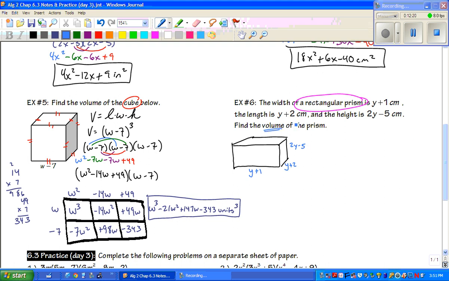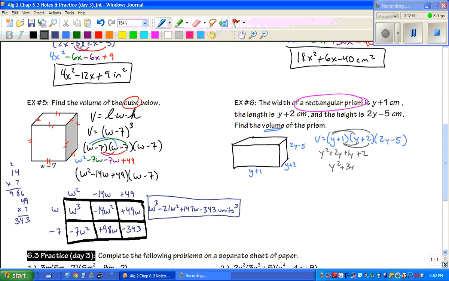Okay, and once again, they're talking about volume, so it's the length times width times height. So we have y plus 1 times y plus 2 times 2y minus 5. Okay, so we're going to start by foiling. Get y squared plus 2y plus 1y plus 2.